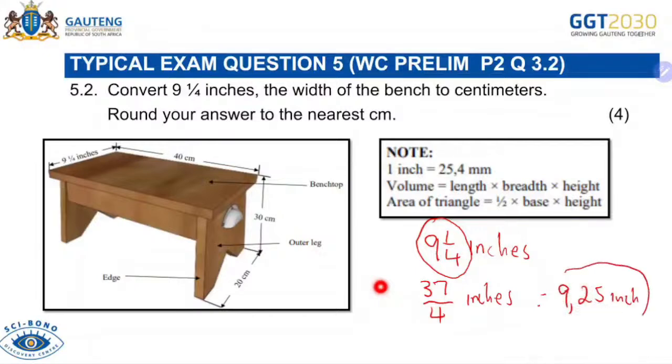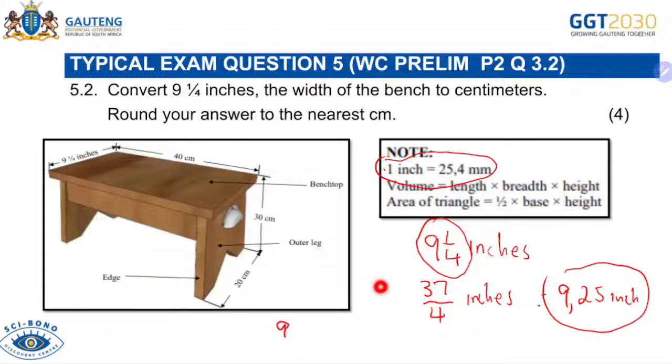But now we need to take this 9.25 and convert it to centimeters. There we've got the conversion factor: 1 inch is equal to 25.4. If it's 1 and it's 25.4, then we are going to multiply. But look at this, this is in millimeters. So we are going to convert it to millimeters, and after that we convert it to centimeters.